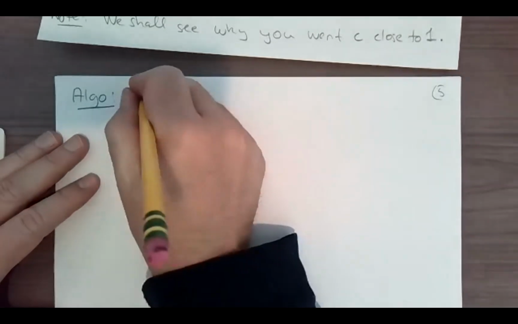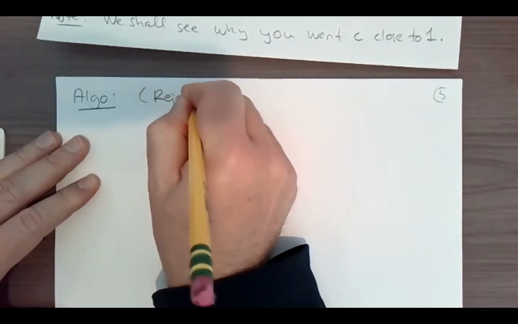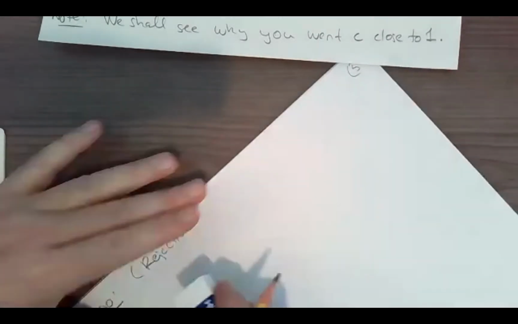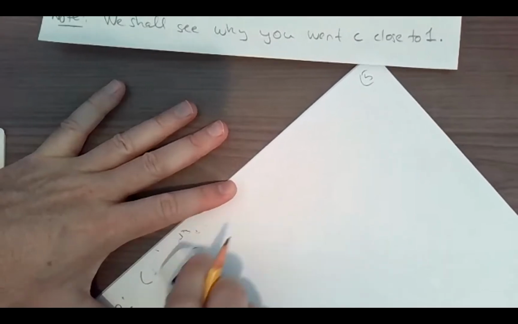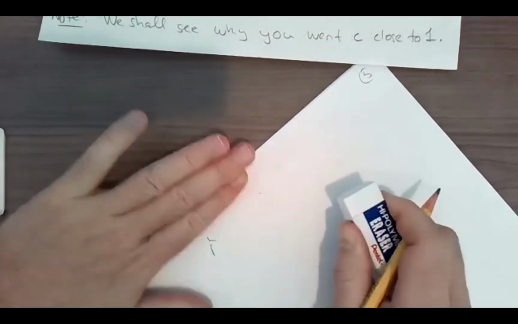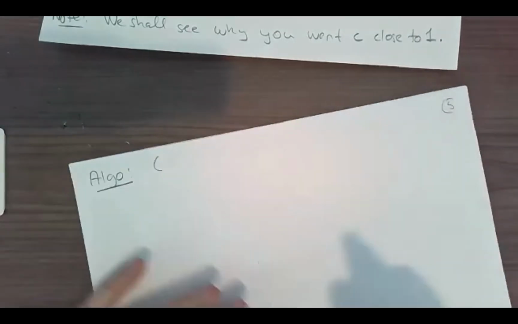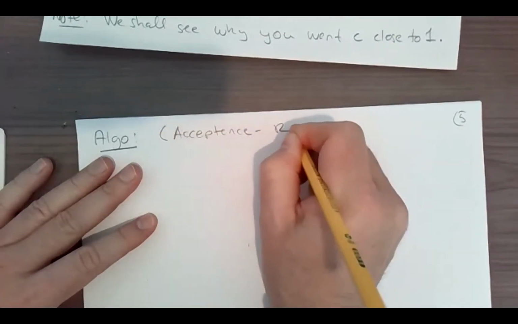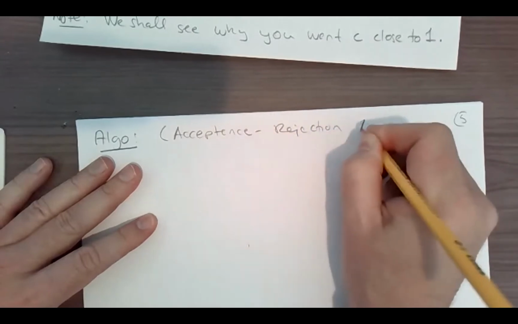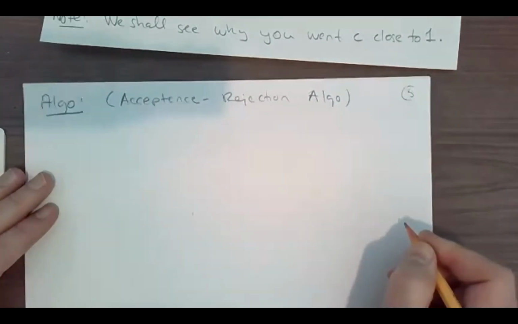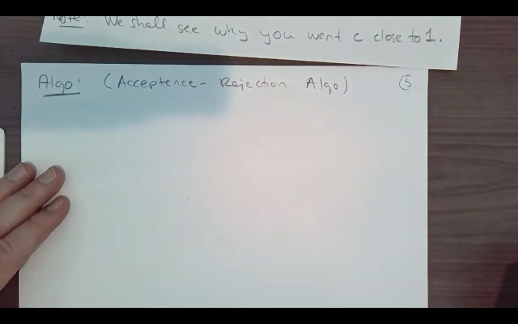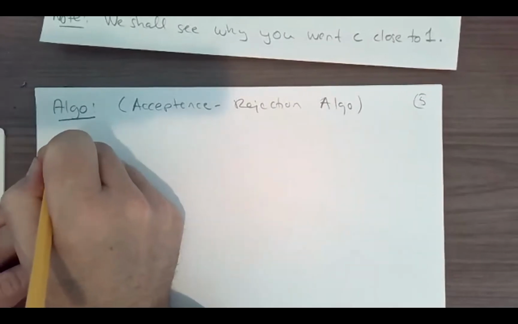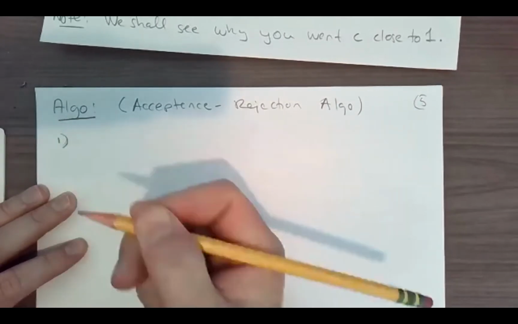This is the rejection. Shouldn't call it rejection. It's accepting, rejecting. Acceptance-rejection algorithm. Okay, so the algorithm goes as follows.